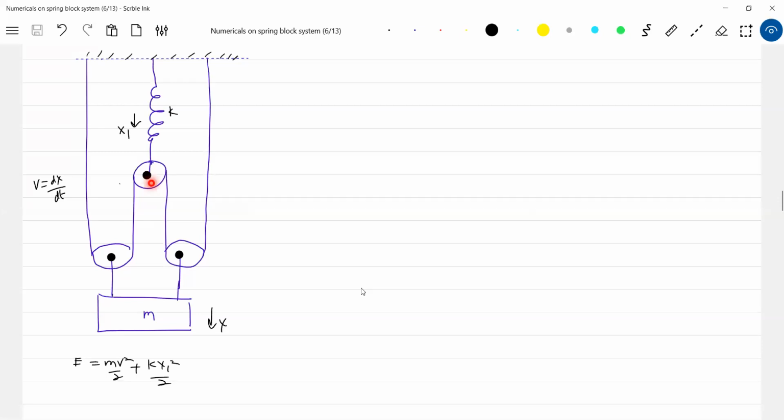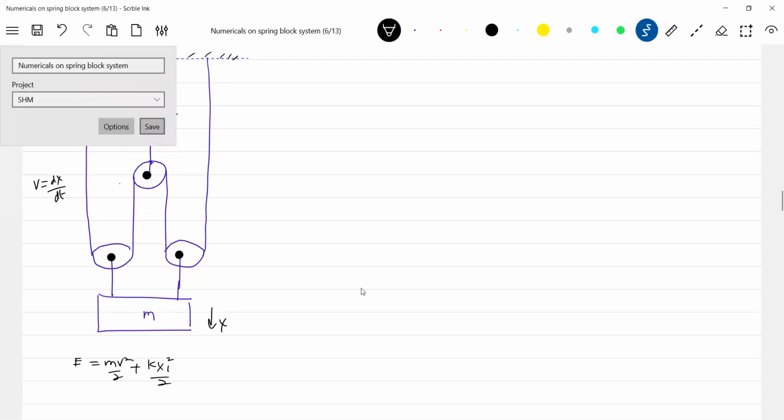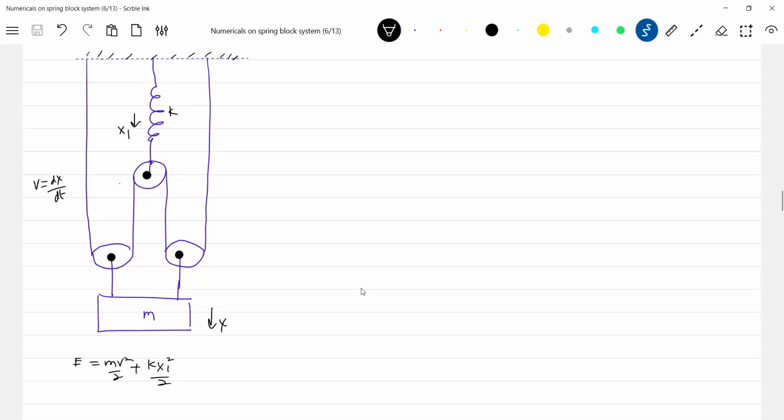Anybody? Any other answers? Just think on it. Let it be right or wrong. Why get scared? X1 equal to 2x. X equal to x1 by 2. Okay, yeah, fine. So it is like this. I'll proceed like this.